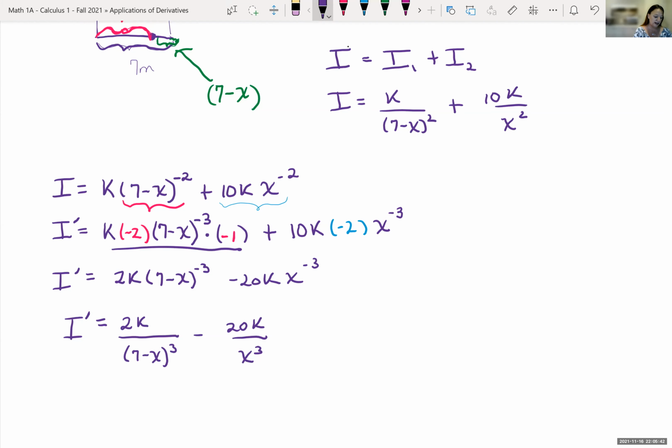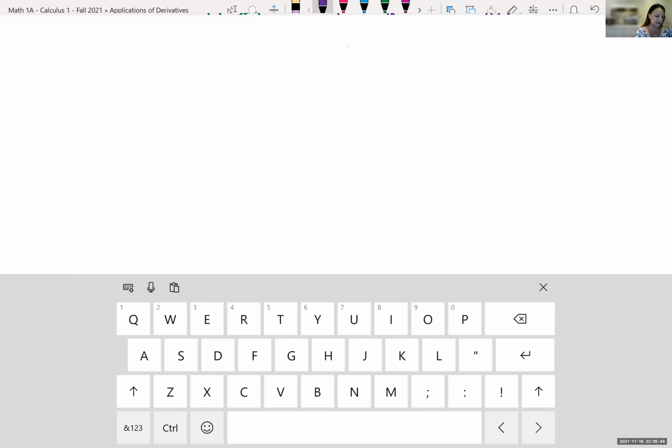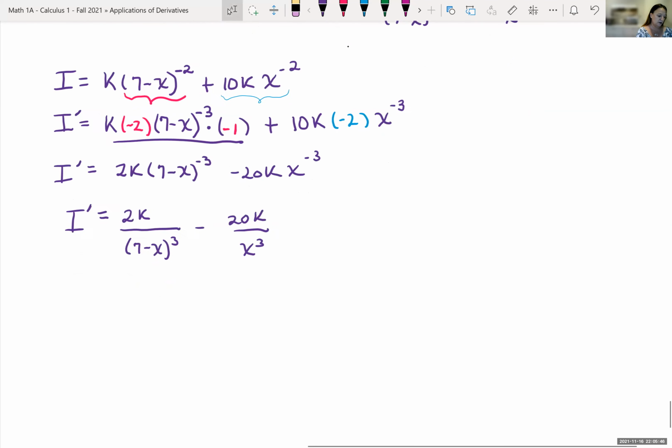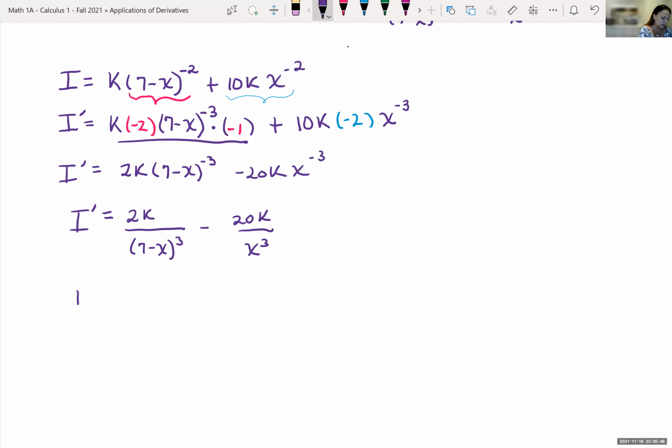We want to know when our derivative is equal to 0, so when I prime equals 0. So let's set our equation equal to 0. We have 0 is equal to 2K all over 7 minus X quantity cubed, minus 20K all over X quantity cubed.